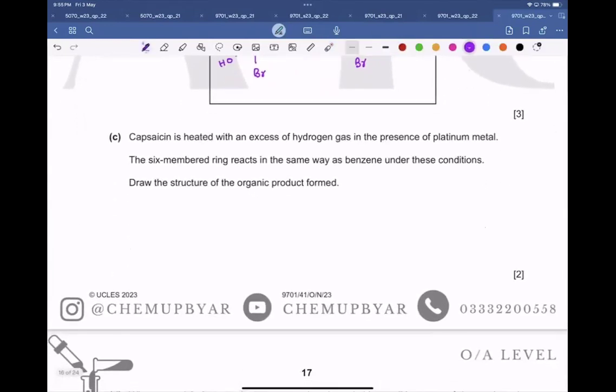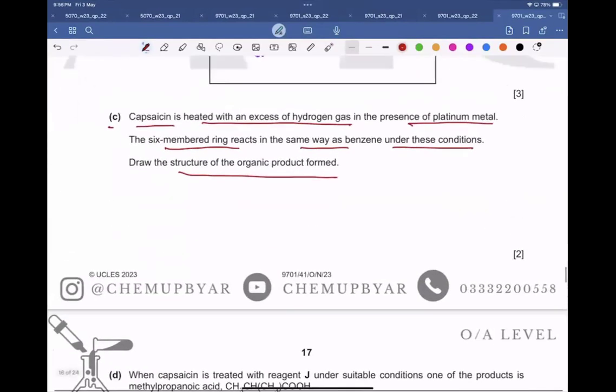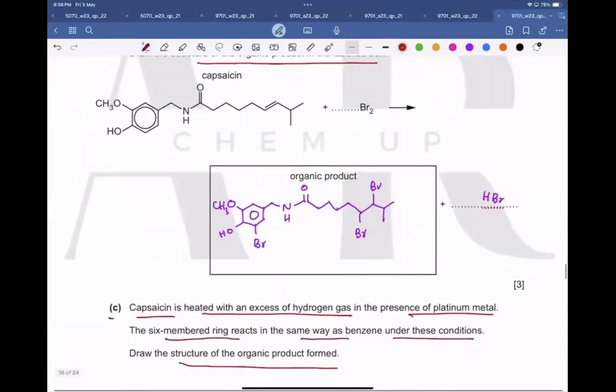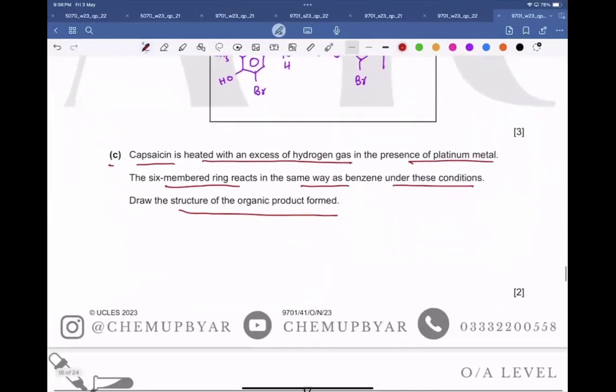Now, see. Capsaicin is heated with an excess of hydrogen gas in the presence of platinum metal. Okay. The six-membered ring reacts in the same way as benzene under these conditions. Draw the structure of the organic product. So see, excess hydrogen gas with platinum metal in this case, and it's capsaicin.